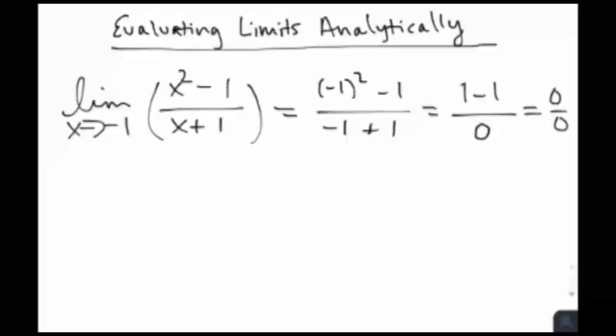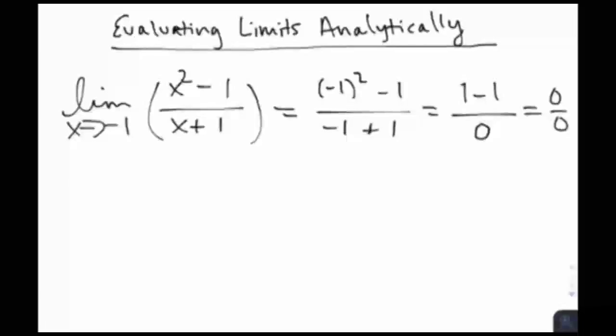When you get 0 divided by 0, you get what's known as an indeterminate form. An indeterminate form basically means that there is a hole in the graph where x is approaching in the limit. So in this case, when you are graphing the equation x squared minus 1 over x plus 1, you'll be able to see that there is a hole at x equals -1.